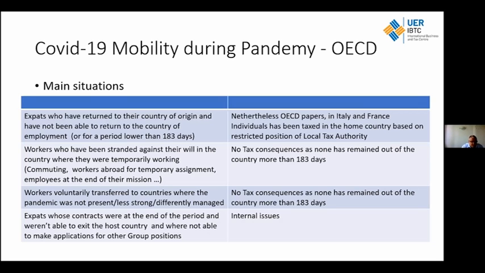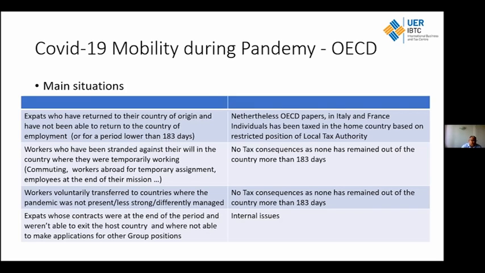For example, we have a France CFO that in 2020 spent less than 183 days in Italy, even if she worked for Italy all the days, and she was taxed for her individual taxation in France. Because like Italy, even France says if you don't stay 183 days in another country, you are taxed based on the country of origin.